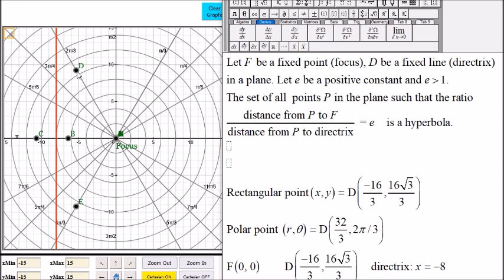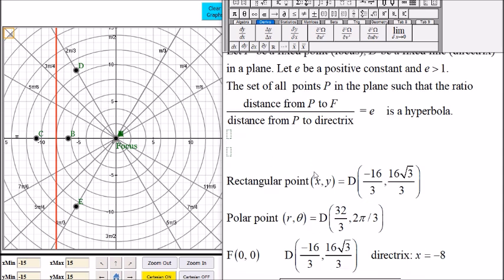And now look at this point D right here. Point D is located at the coordinates of -16/3 and 16 times the square root of 3 over 3. And the corresponding polar point, so the polar coordinates for this point D, is 32/3 and 2 pi over 3. And so now let's calculate the distance from D to F and then D to the directrix.